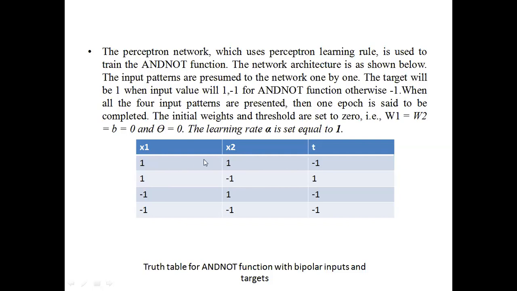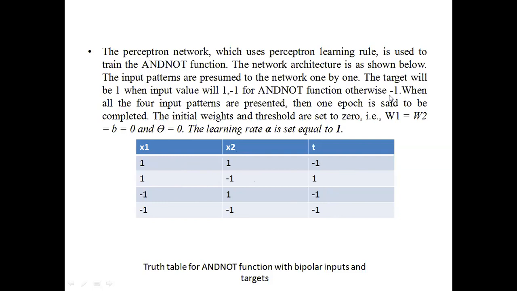In all the other cases, when it is 1 1, when it is -1 1, and when it is -1 -1, the target will be -1. Except for the 1 and -1 case, all the targets will be -1. So this is very important: the target will be 1 when the input values are 1 and -1 for the and-not function.